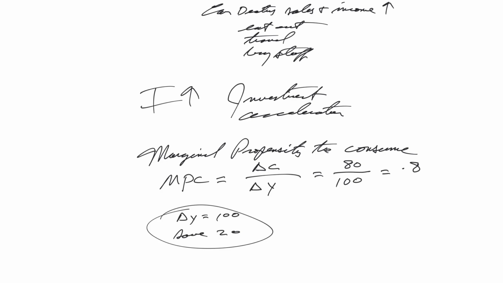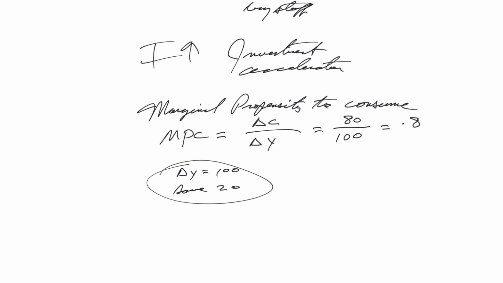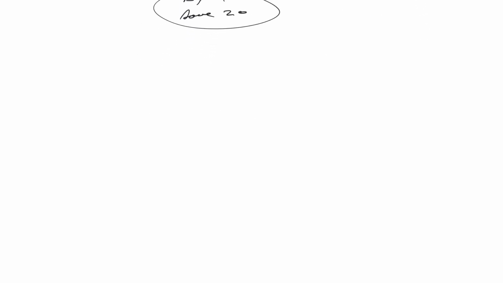Well, with a marginal propensity to consume of 0.8, we can follow this multiplier. We can kind of trace it down. So let's say that the change in government spending is 50. So that's the first round. Government spends 50.